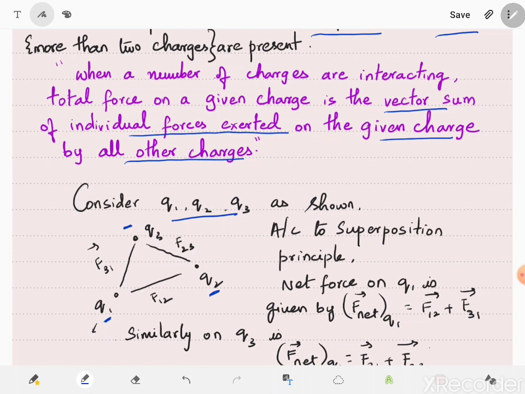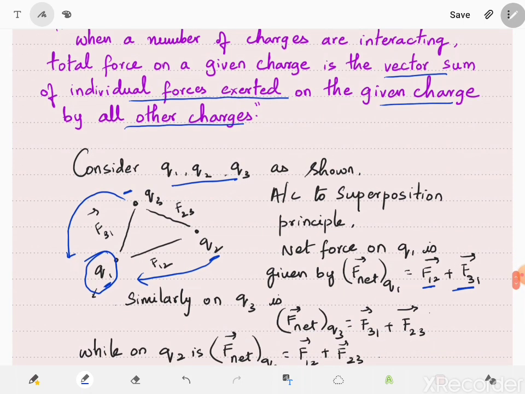Now, if I have to use superposition principle and find the net force on this charge Q1, F net is going to be the vector sum of force exerted by Q2 on Q1 and force exerted by Q3 on Q1, which is what I have written here.